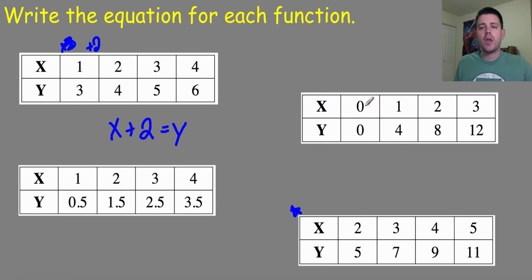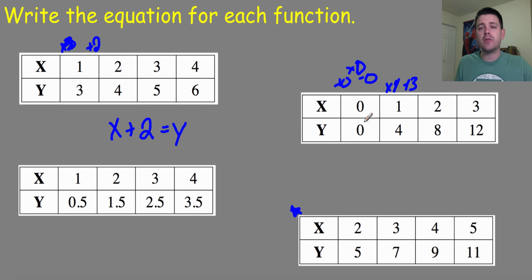Over here, to get from 0 to 0, there's a whole lot of things I could do. I could add 0. I could subtract 0. I could multiply times 0. I could do any number of things to get from a 0 to a 0, so that doesn't help me very much. So let's look at our other numbers. To get from 1 to 4, I could either multiply times 4, or I could add 3.